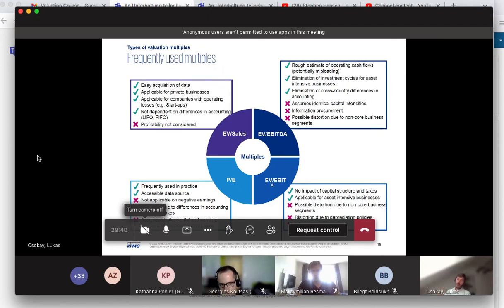Your EBIT could be affected to a higher degree because you deduct depreciation, and depreciation is always subject to accounting policies. Do I write off my assets over 8 years, 10 years, whatsoever? So it could be distorted. And with earnings, the distortion could be even higher because there you also have tax issues.